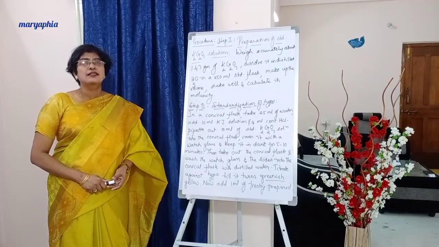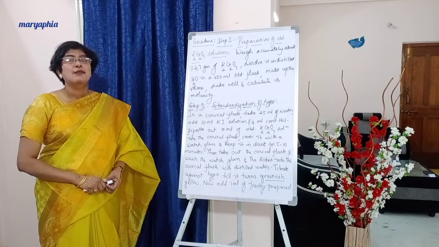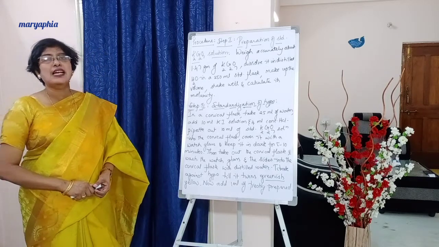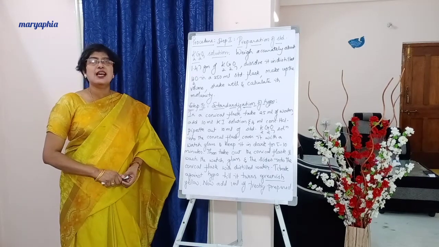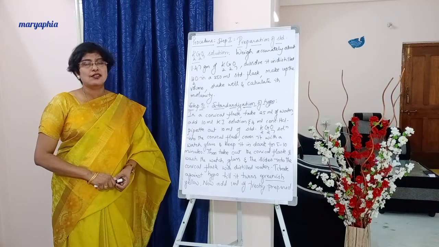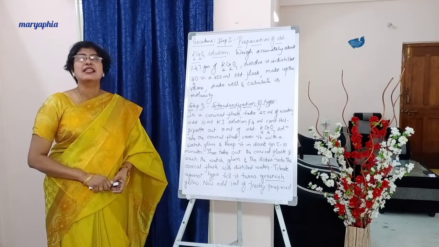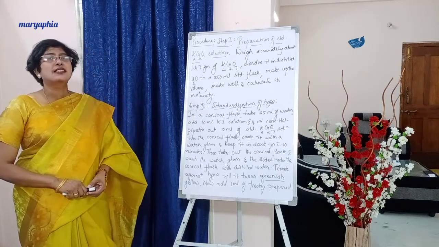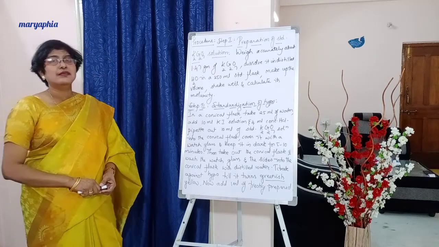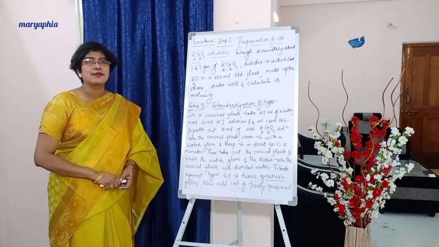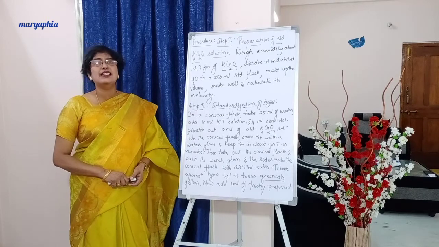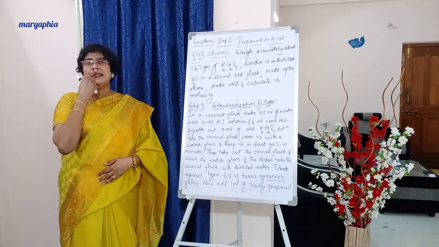Step 1, put the side heading, preparation of standard K2Cr2O7 solution. If you turn back your pages, first experiment and second experiment also, this is the same step. There also we have followed. That is preparation of standard potassium dichromate solution.